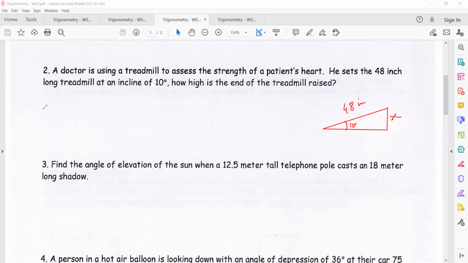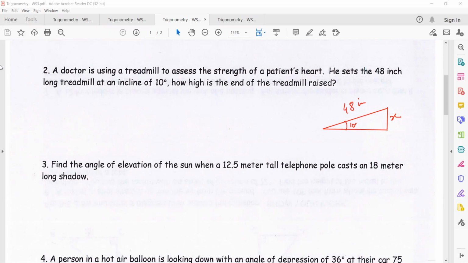Sine, ma'am. 12.0, ma'am? 12.0. No, do again. 8.33. Yeah, 8.3.